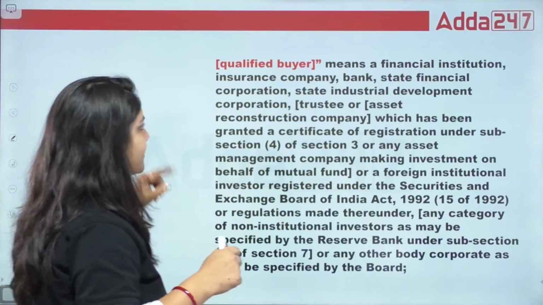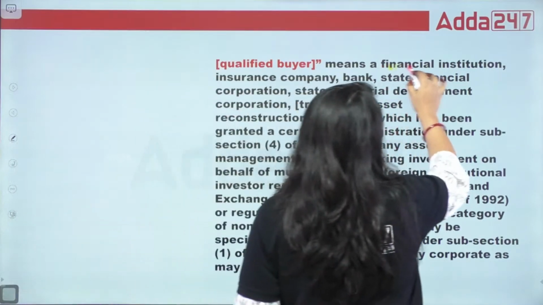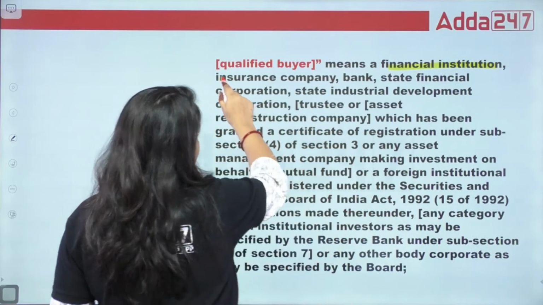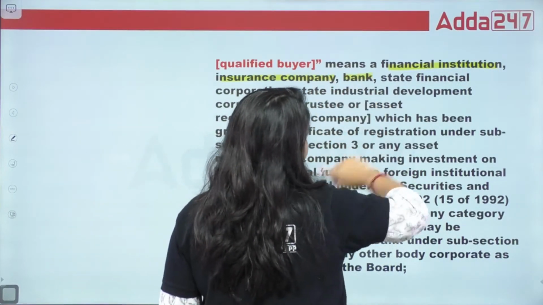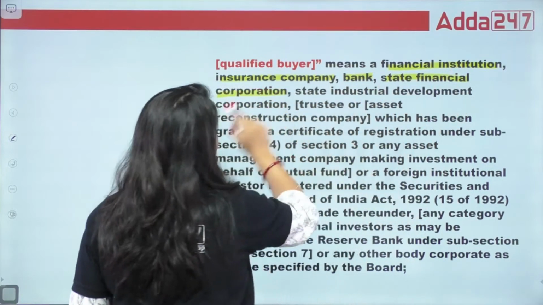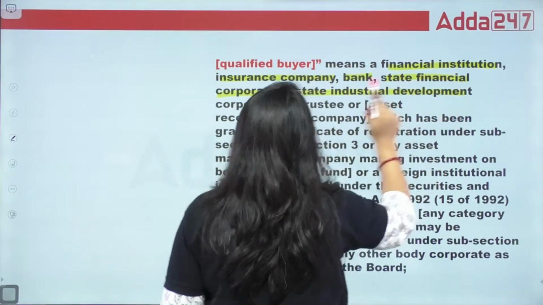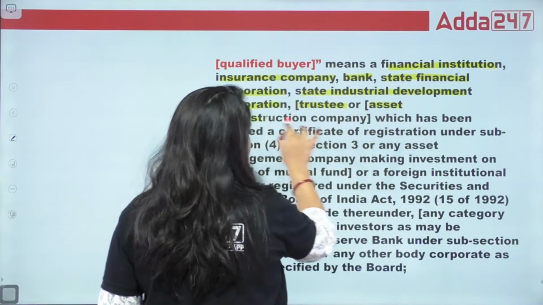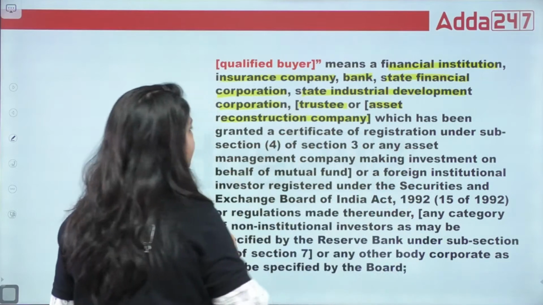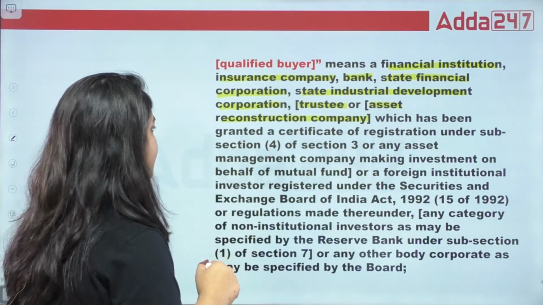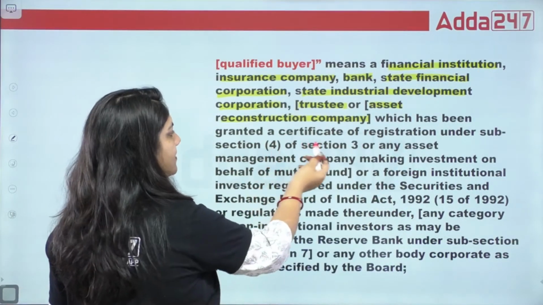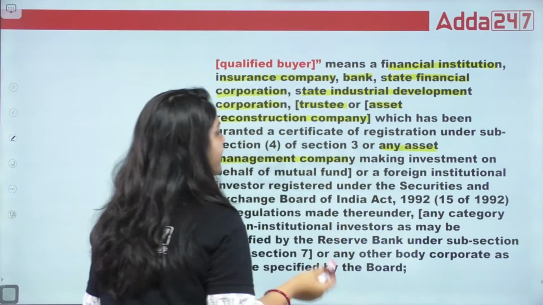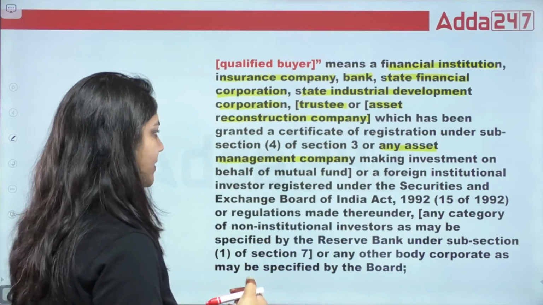Any financial institution can become the qualified buyer. Any insurance company, any bank, any state financial corporation, any state industrial development corporation, trustee, any ARC company which has been granted a certificate of registration under subsection 4(3), or any asset management company making investment on behalf of a mutual fund.